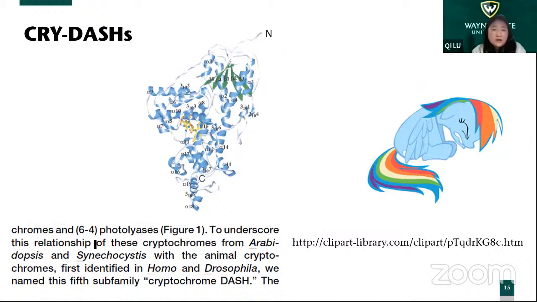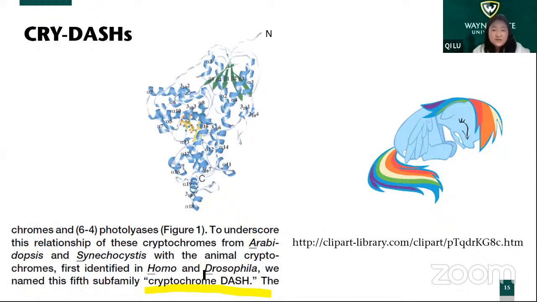So this is the structure that they analyzed, and it was called CRY-DASH. The name reminds me of Rainbow Dash, and the name is pretty cool.